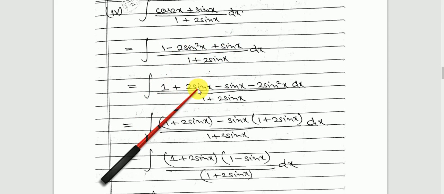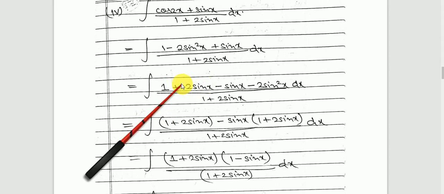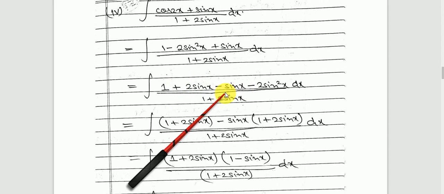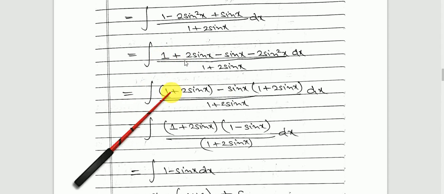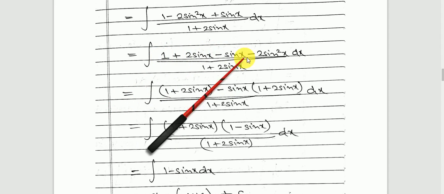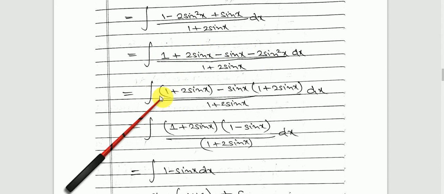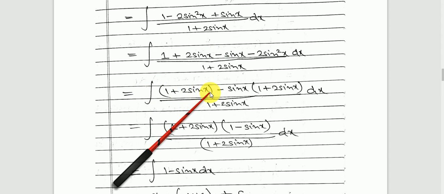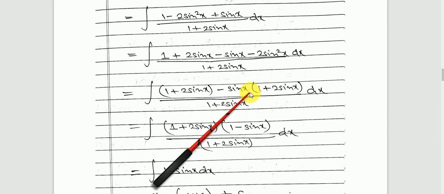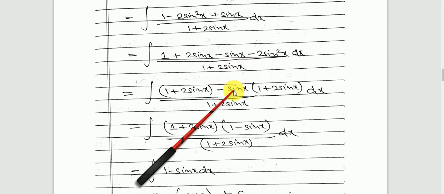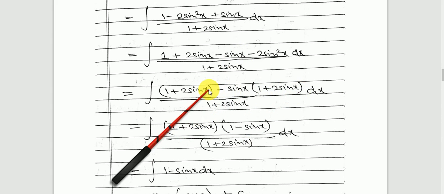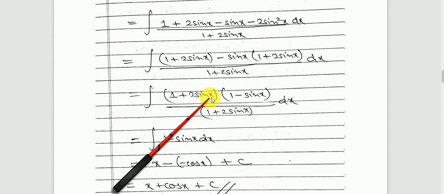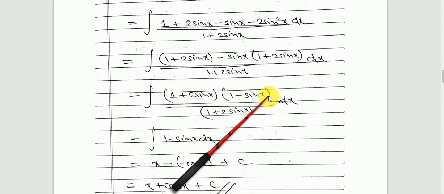So now you can see that I can do pairing over here in numerator. So 1 plus 2 sine x minus, from this sine x will be common, so minus sine x, 1 plus 2 sine x. So then I get 1 plus 2 sine x, 1 minus sine x.